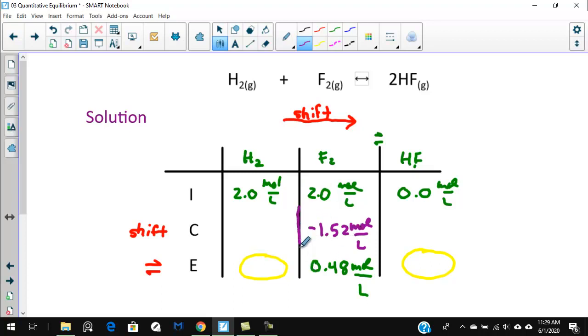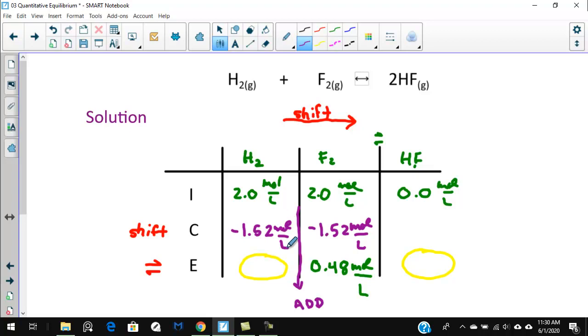We can add down these columns. And if you take the initial plus the change, you should get the equilibrium value, which is 0.48 moles per liter. Okay. So now that we have this change here, we can use what we know about molar ratios. And if we look at this reaction, it's a 1-to-1 relationship between the F2 and the H2. So that means that we can say over here this is 1.52 moles per liter.